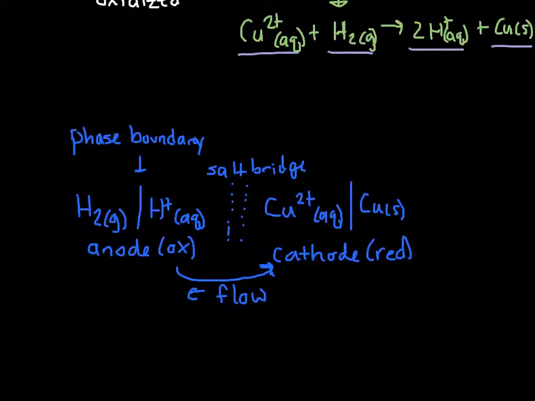We use the two dotted vertical lines to represent the salt bridge. And then in the other cell, we have copper 2 plus aqueous with our solid phase boundary line and create copper solid. Again, this is the order in which needs to occur because this is our cathode and copper is being reduced. So this is representing the order of electron flow.